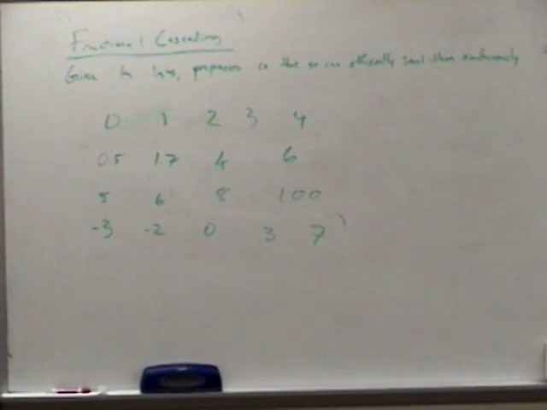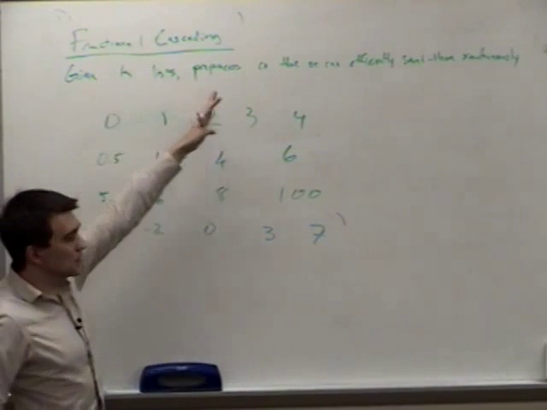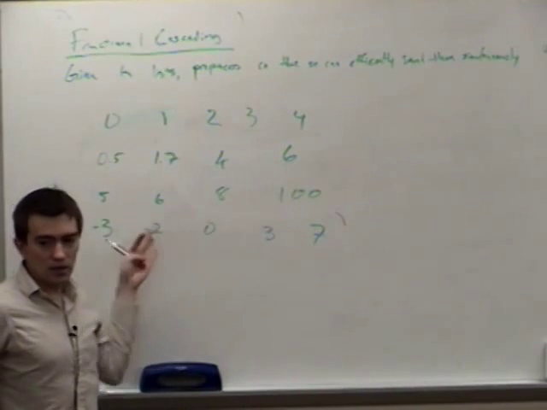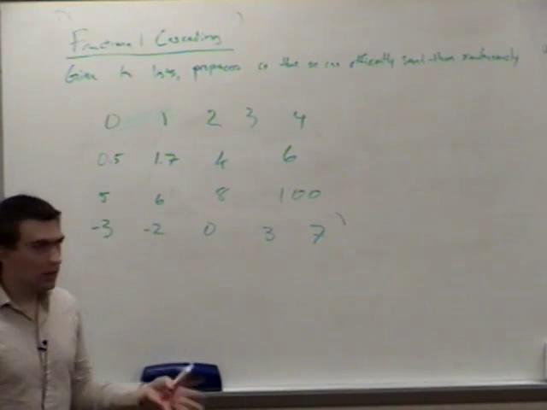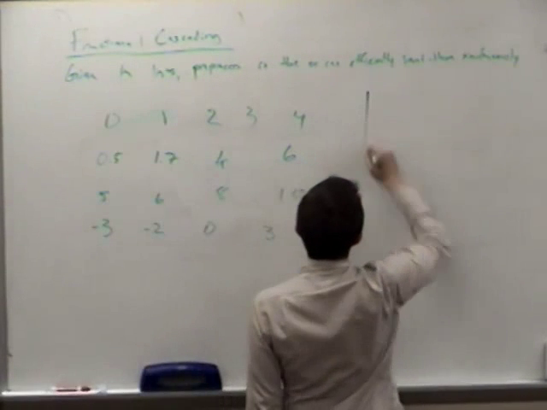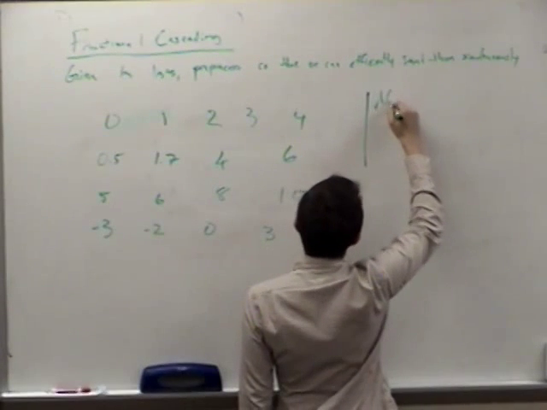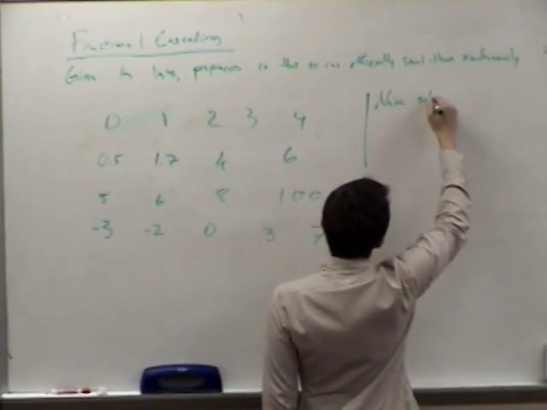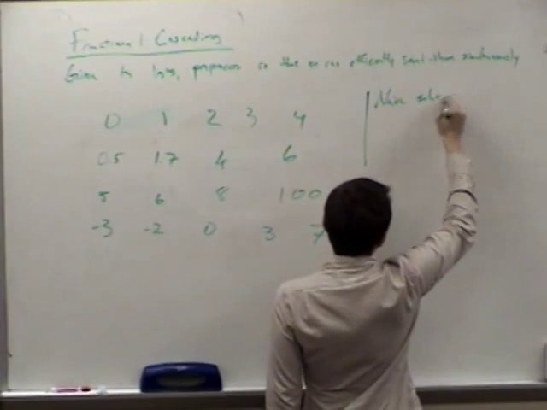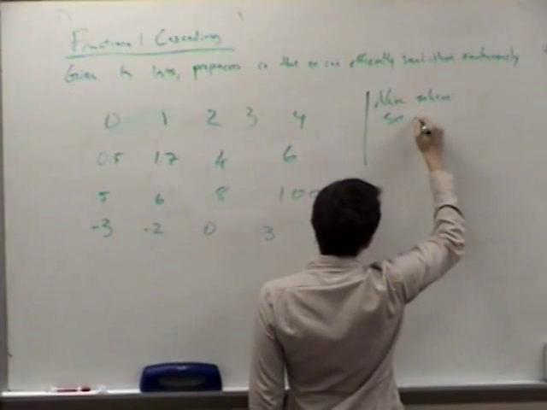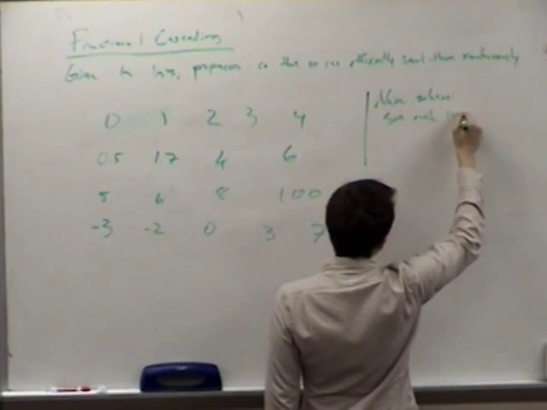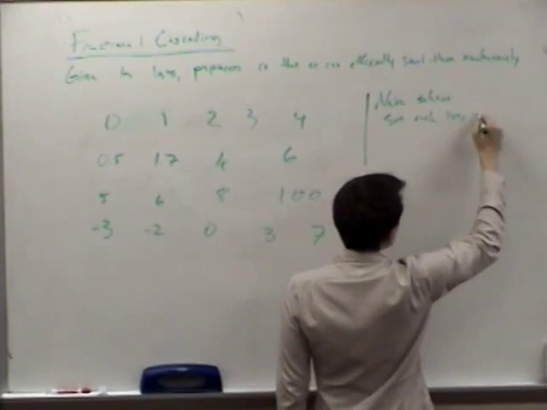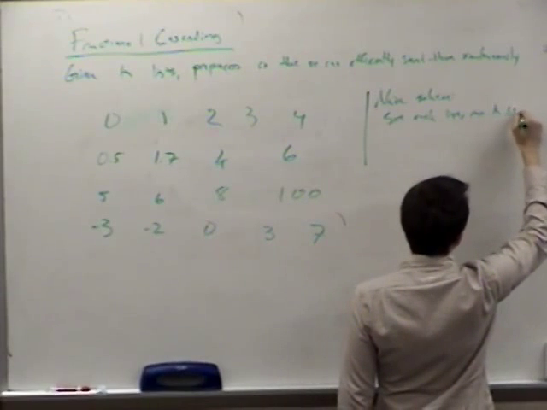So, okay, the naive solution, right, is we take every one of these lists, we sort them, and then we run k binary searches in parallel. So the naive solution: sort each list, run k searches.